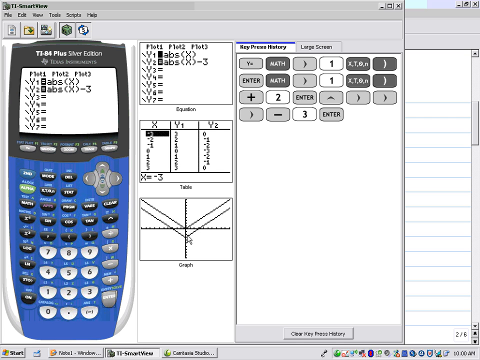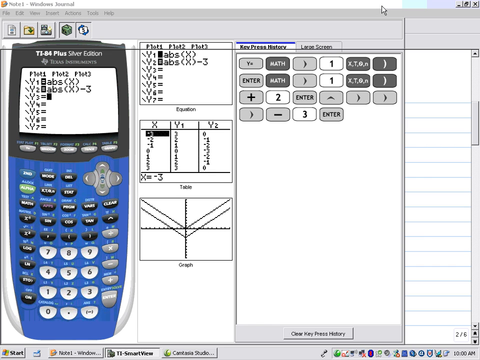It is shifted down 3 units. And that's true, we see in the ordered pairs, right? It was originally (-3, 3) on y1, but now it's (-3, 0) on y2. (1, 1) is on the graph of y1, but now it's (1, -2) on the graph of y2.